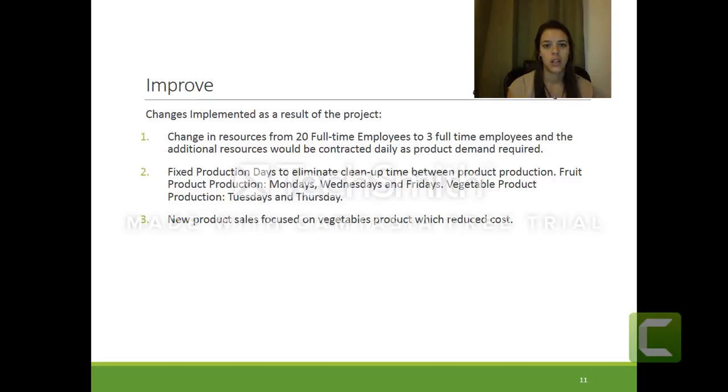With this change, we were going to evaluate how the cleanup time was impacted. Also, all new product sales were focused on vegetable products, which have reduced costs, as we saw in our analysis.